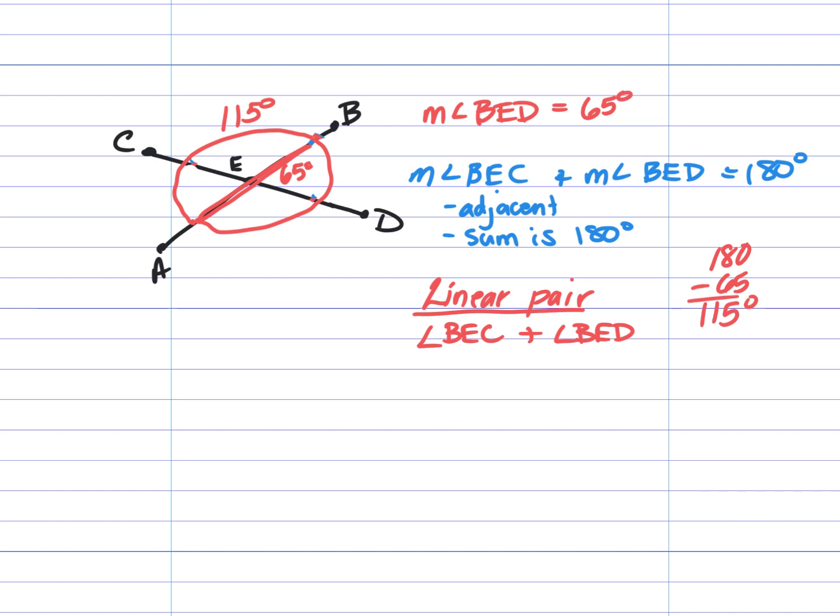It's going through the center of the circle at point E. And so that means that angle AEB, and this is a new word, is a straight angle.